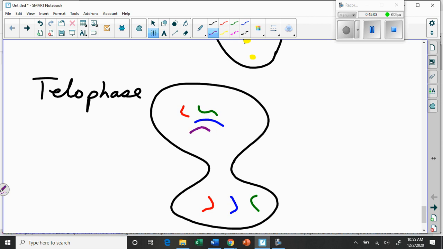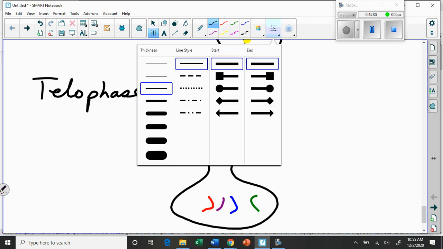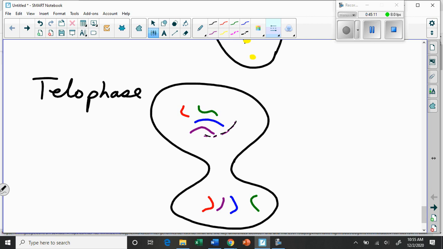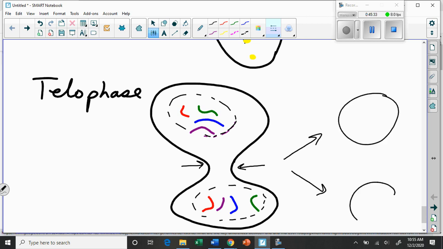Then a nucleus begins to reform on both sides to contain the chromosomes. We could write over here, the nucleus reforms, and the cytoplasm and the membrane pinches off in the middle. Eventually, this middle part will squeeze together and touch, and when it touches, the membranes will just snap apart, and we'll end up with two complete new cells.